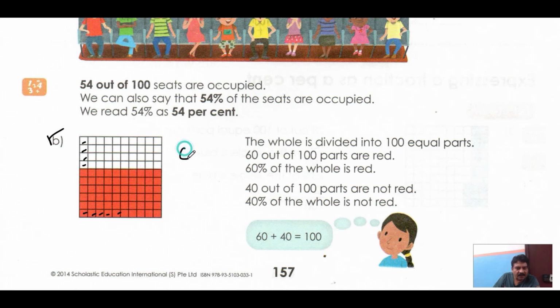So the shaded part is 60 out of 100 and the unshaded part is 40 out of 100. So here you got the definition. See, 60 out of 100, anything out of 100 is called percent. So this is your 60%, and here 40 out of 100, again it is 40%. So what does it mean? It means 60% is colored with red and 40% is not colored with red.